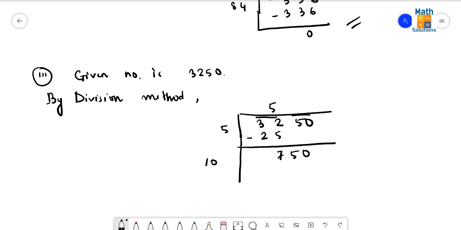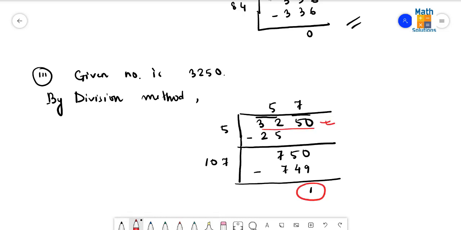By 7 if I try, would it be possible? Yes, it is possible. 7 7 ja 49. Just 1 is left as remainder. So if I subtract 1 from this number, then this 3250 will become a square number whose square root will be 57.